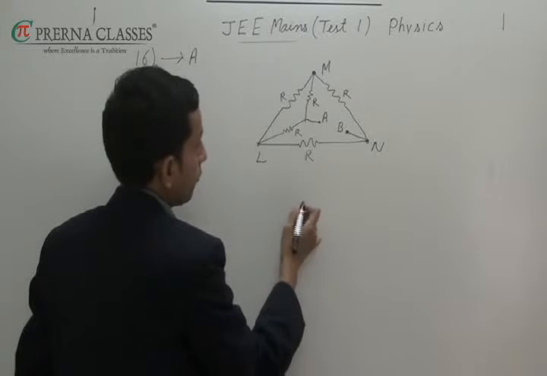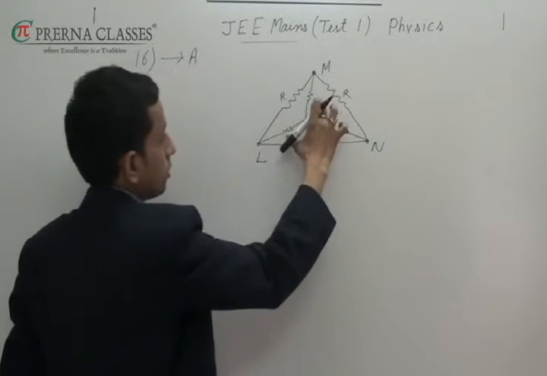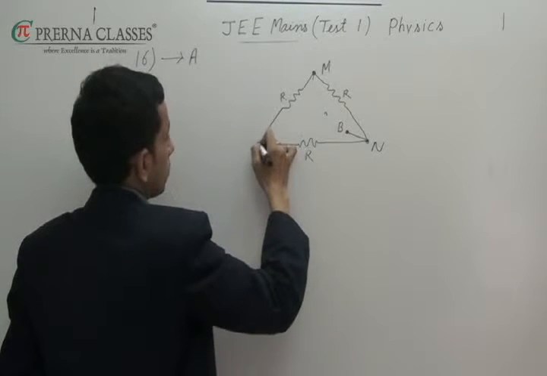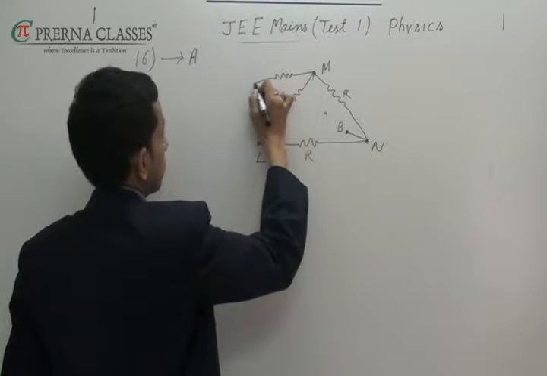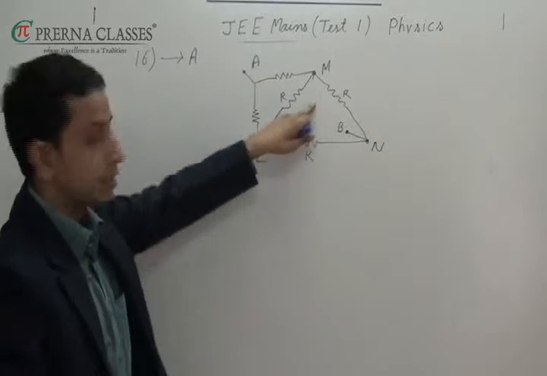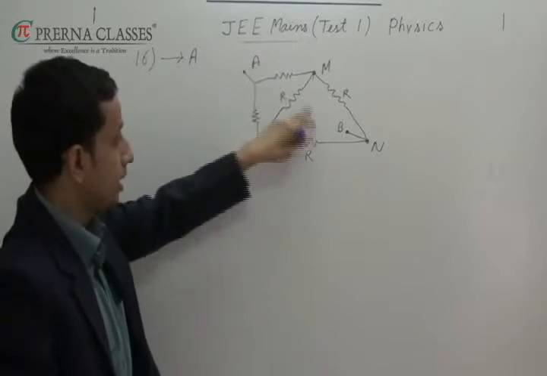So for redrawing, these two resistances R and R we will draw like this. And here point A. So the resistances which were drawn here, we can draw like this also. This is the same circuit.